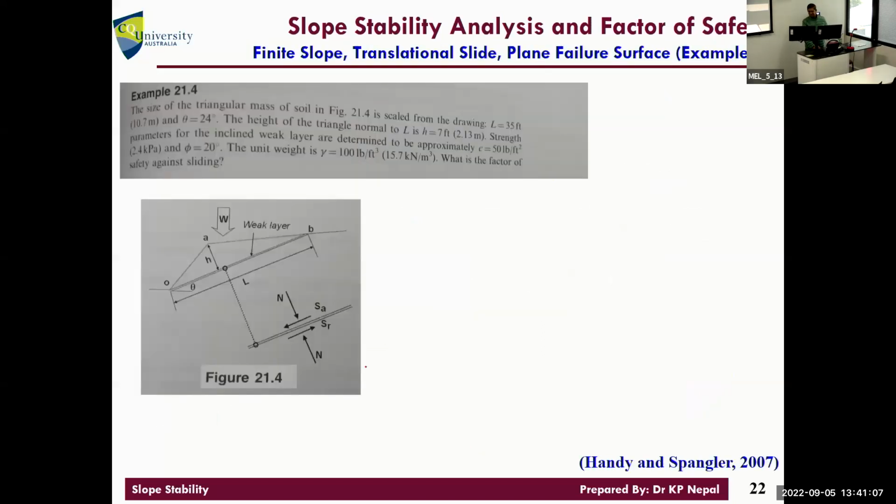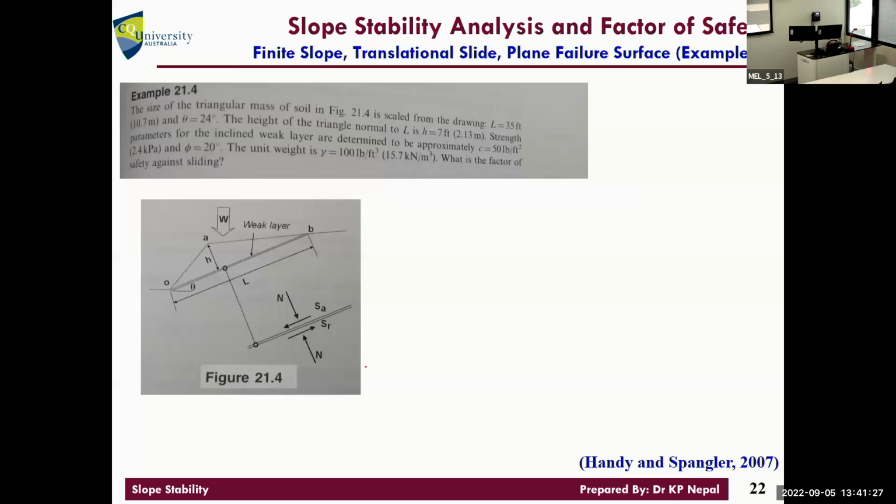Oh, look at my scan. My scan was not good. Hey, can you read it? All right, the size of a triangular wedge, this is the one right here. And then the scale from drawing. Can you use just the meter one, not the feet unit?